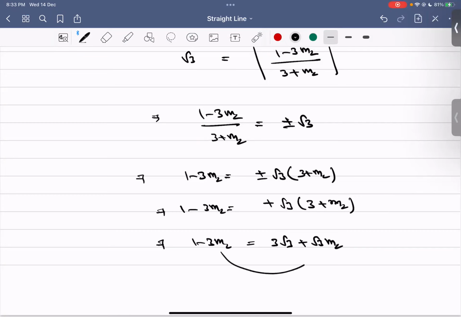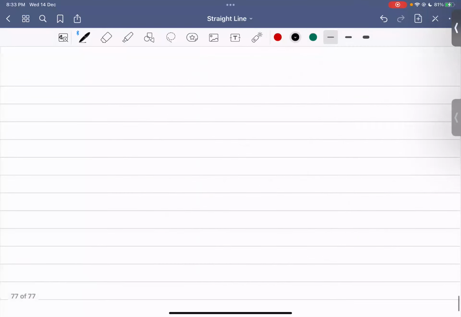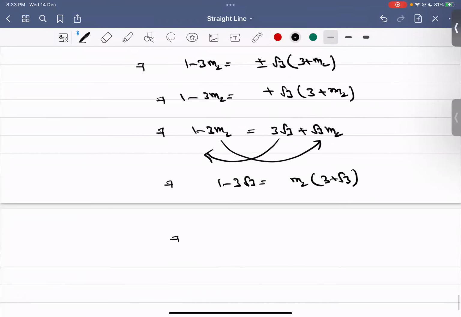So take the minus 3 m2 to the right hand side, 3 root 3 to the left hand side, therefore 1 minus 3 root 3 is equal to, if we take out m2 common, m2 into 3 plus root 3. Yes or no? Therefore m2 is equal to 1 minus 3 root 3 by 3 plus root 3. This is one of the m values.